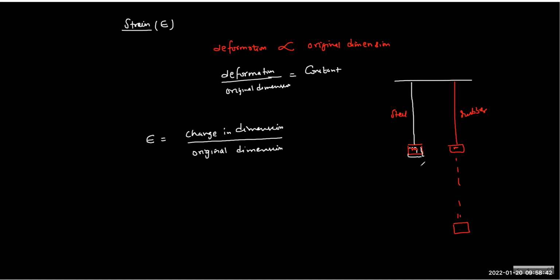So we have to use that vernier caliper as a measuring tool in case of steel wire. In case of rubber wire, you can just take a ruler and measure it. It's too big. So strain-wise, which is undergoing smaller strain? Steel wire.